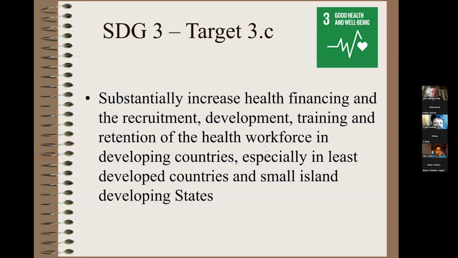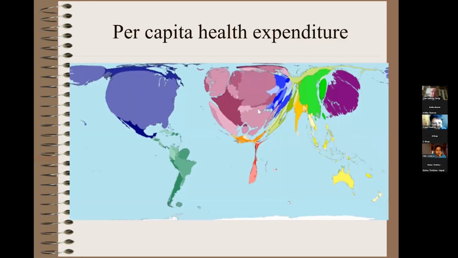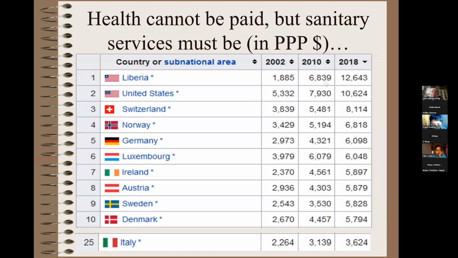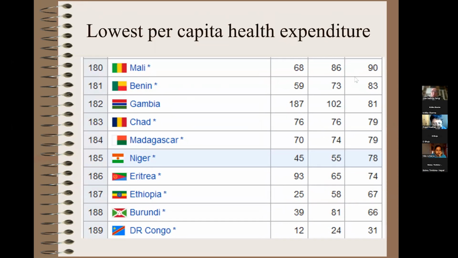Target 3C, the health workforce, the health expenditure. Let me go quickly. This is the health expenditure in the most developed countries, $10,000, $5,000 per capita per year. In the lowest, we are speaking about 78, 74, nothing.